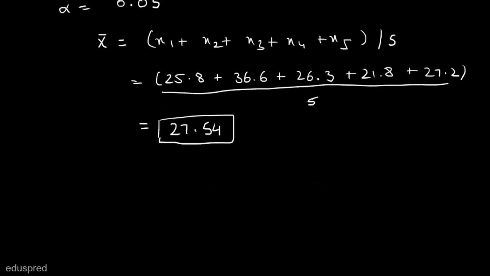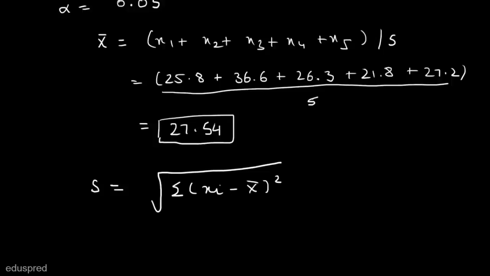Now let us calculate the sample standard deviation. I'm denoting the sample standard deviation by S, and we know that the formula to calculate sample standard deviation is equal to the square root of the summation of xi minus x bar whole square divided by n minus 1.